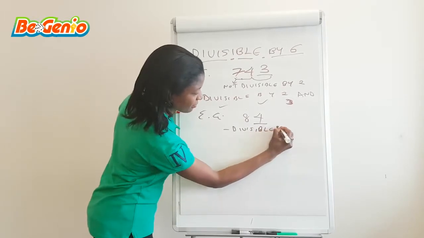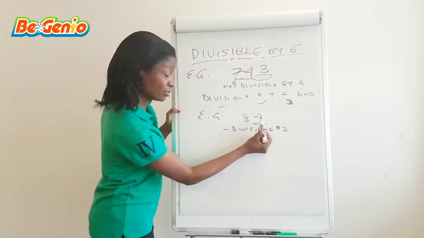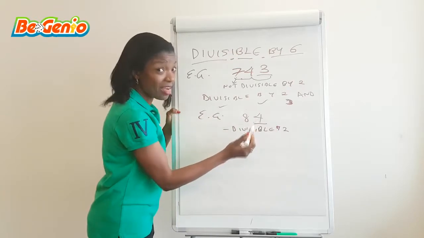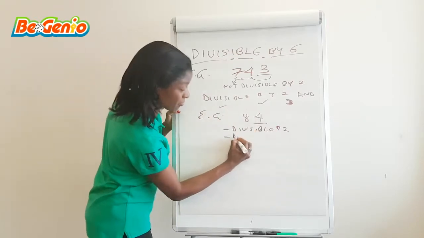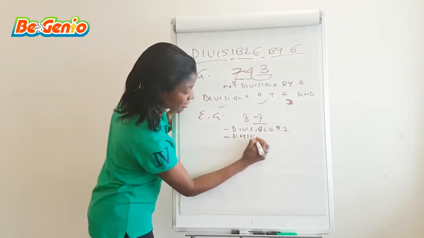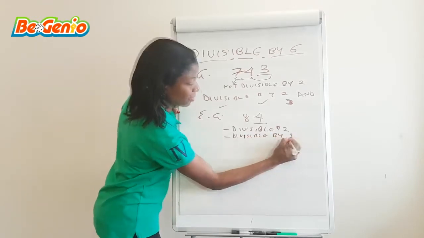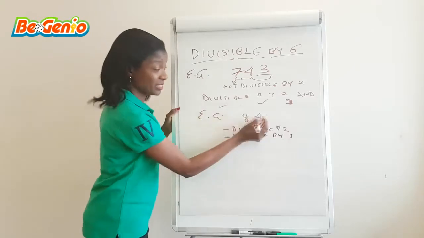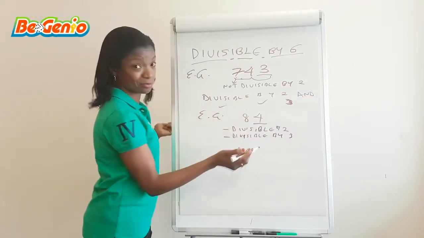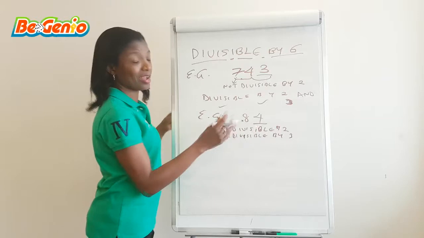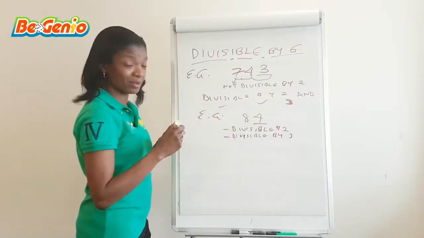And now we want to check if it's divisible by 3. By adding these two numbers together, that's 12. And 12 is divisible by 3. Therefore, this number is divisible by 6. So 84 is divisible by 6 without actually needing to get a remainder for it.